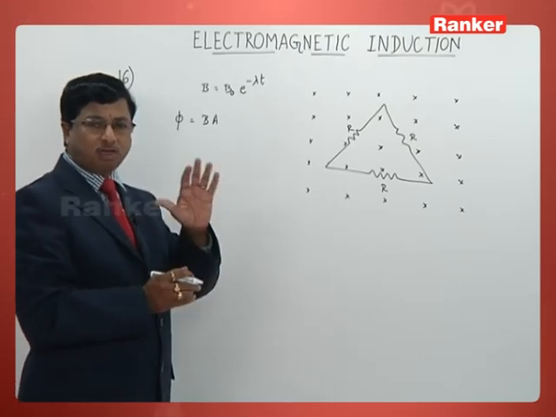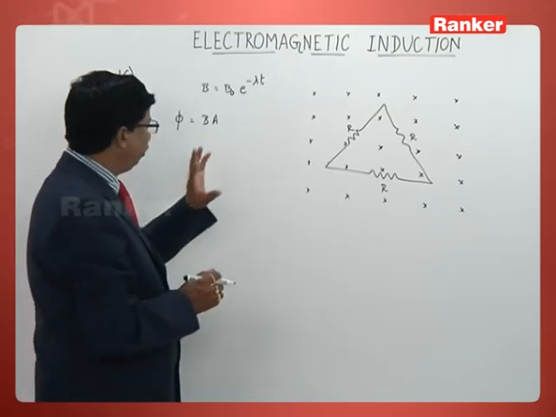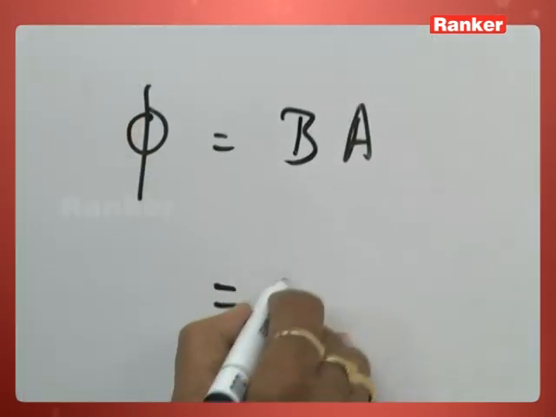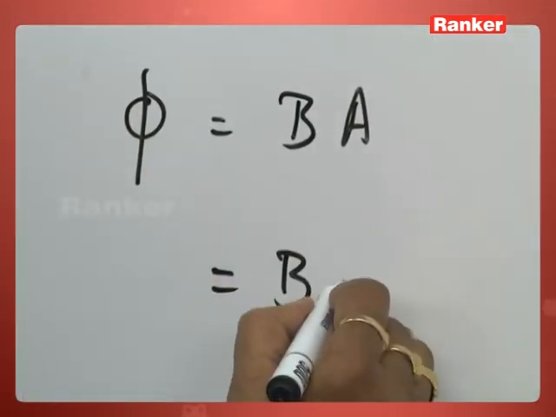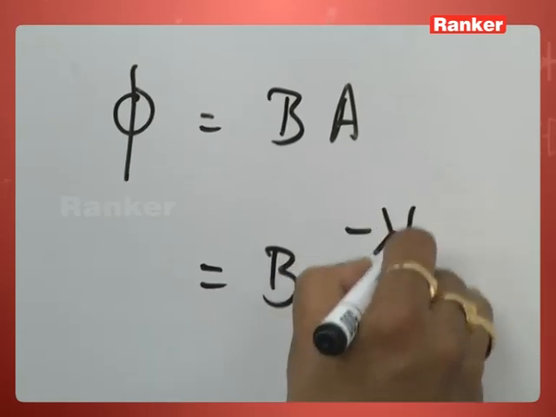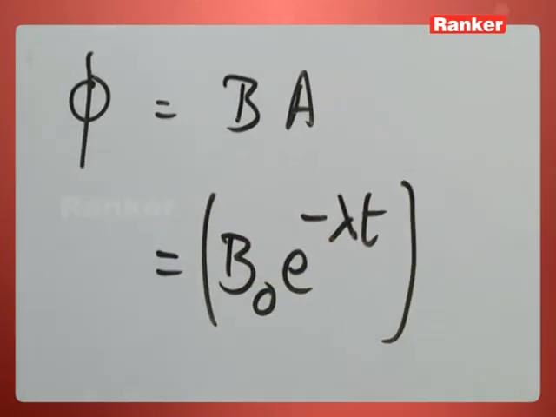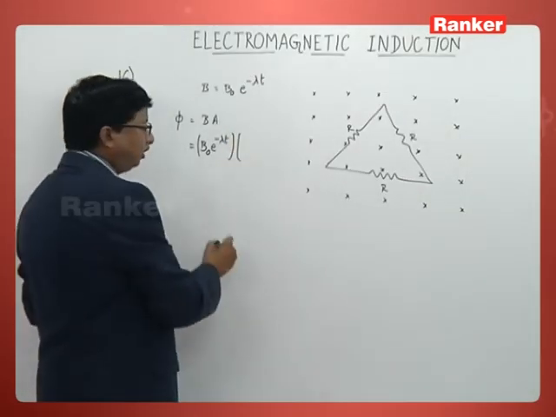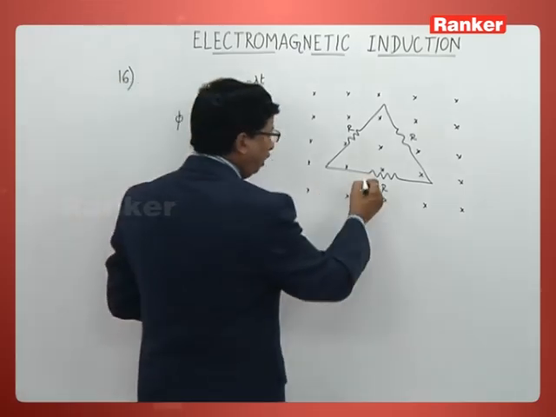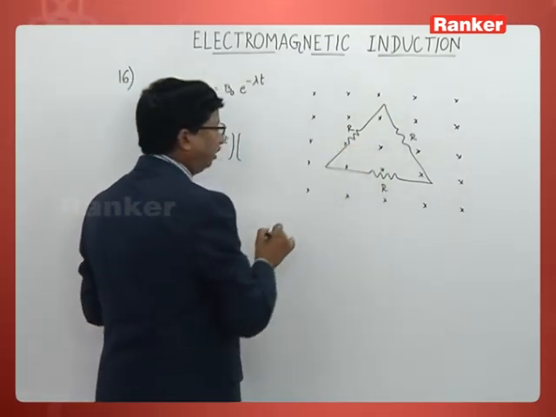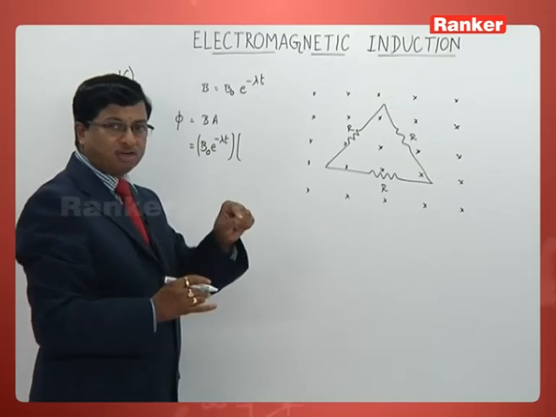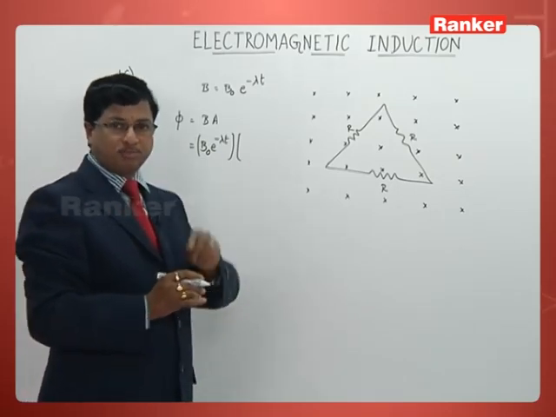So no need for us to take that separately, B into A. What is this value of B given? You look at B naught e power minus lambda t, into the side length of this equilateral triangle, already mentioned in the problem as A.